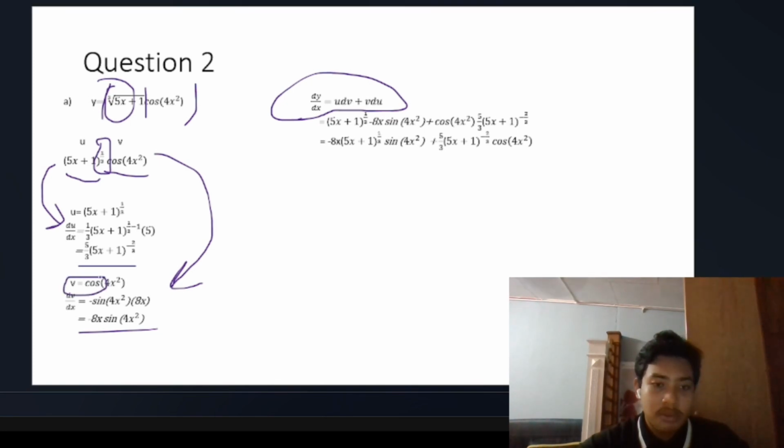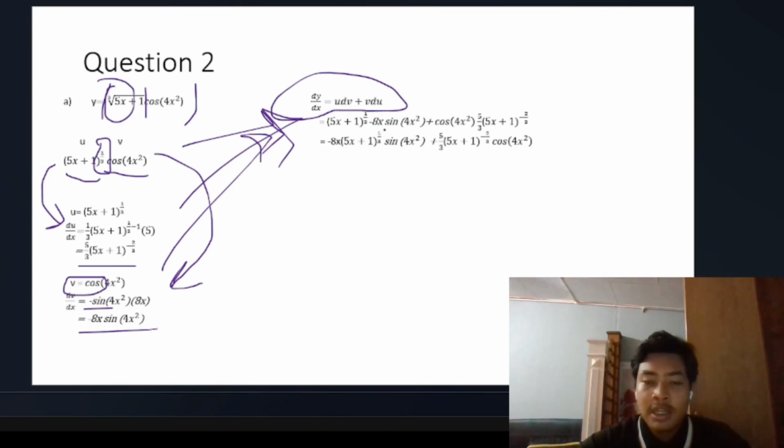Other trigonometry, for example, cos, after differentiate, will get us negative sin. After that, we just need to bring it into the formula and solve the equation. Oh, on the note of trigonometry, for example, this sin and this cos, to solve the equation, we need to put it in the back.